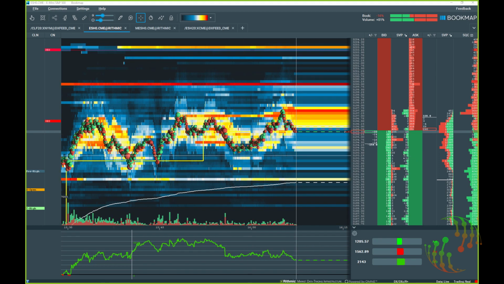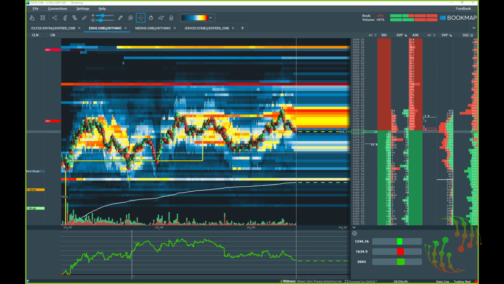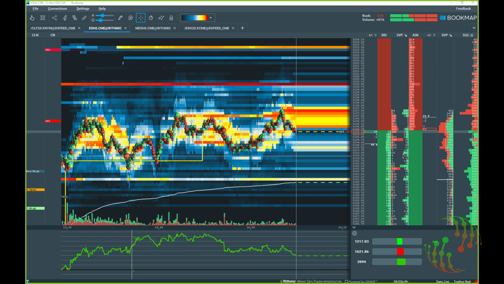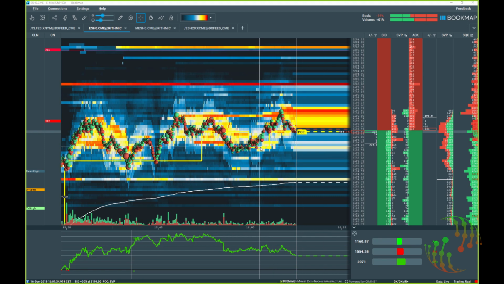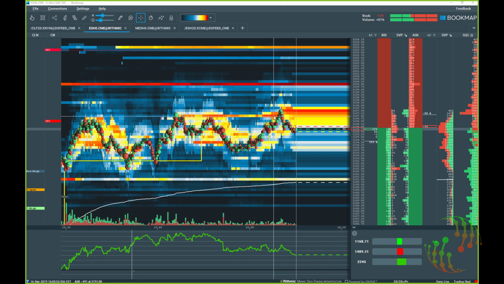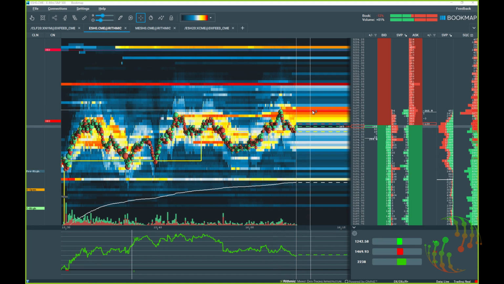It's very hard if you're coming from Jigsaw Trader, for example, or other software platforms. Then it's really hard to identify spoofing as spoofing, but here you can really see what is there in real time. This is just drawn in real time.